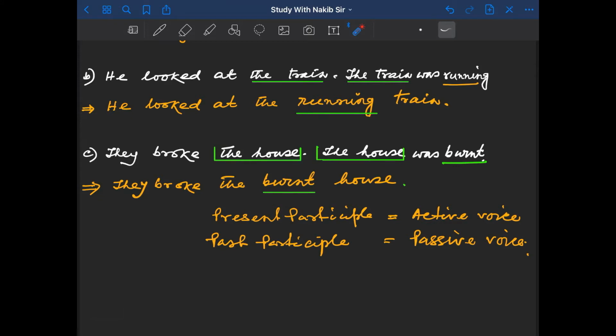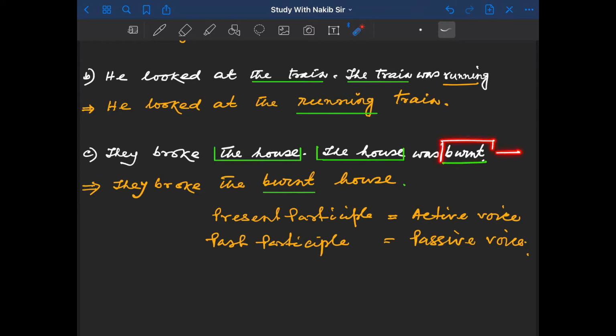The house was burnt. The same type of example, same type of joining. See, the subject of the second sentence, the house, is the object of the first sentence. Okay, the second sentence is written here to say how the house is. Here the house was, how is the house? The house was burnt. This is called past participle or participle adjective.